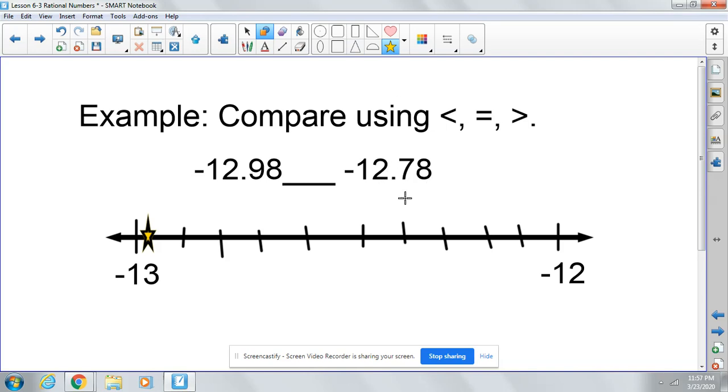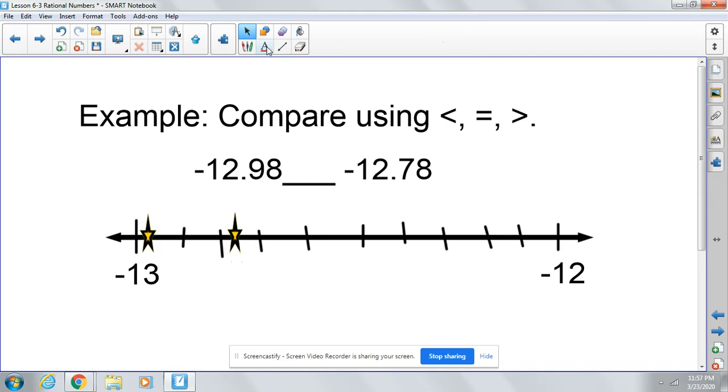Negative 12.78, starting at negative 12.0, 0.1, 0.2, 0.3, 0.4, 0.5, 0.6, 0.7, and then you have 8 hundredths more, so it's going to be very close to negative 12.8, but not quite at 12.8.